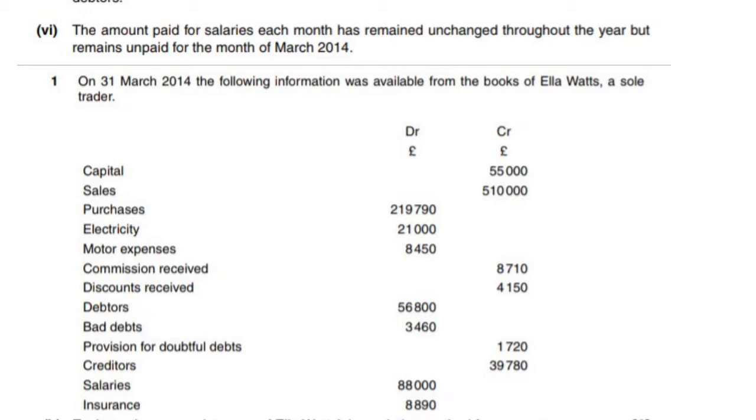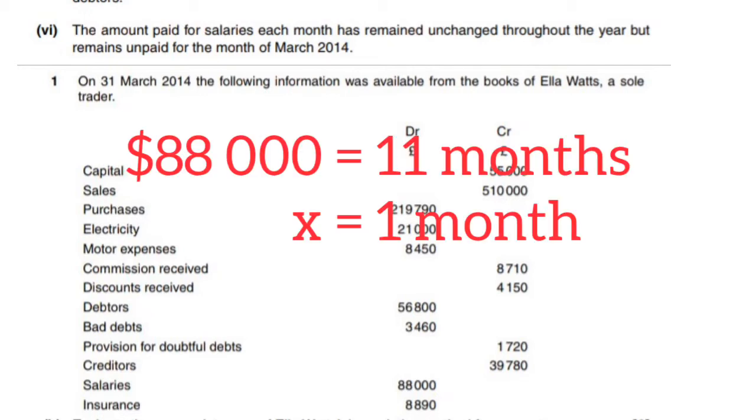So additional information is alerting us that there is salary for March 2014 that was unpaid, and the salary is accruing evenly per each month. It means that the salary of January is the same as the salary of February, which is the same as the salary of March. So each and every month has an equal salary, right? So 88,000 is covering 11 months, since the additional information is alerting that the salary of the month of March was unpaid.